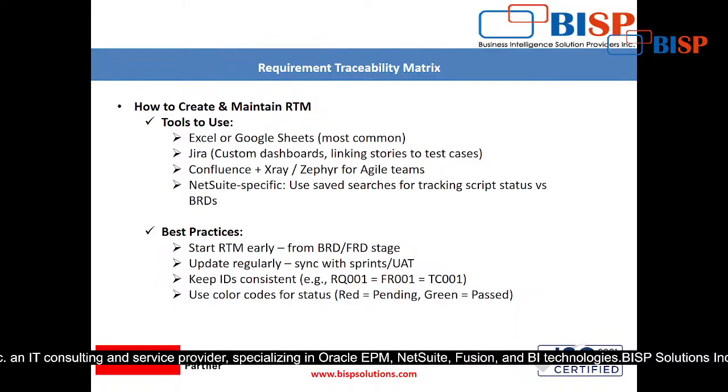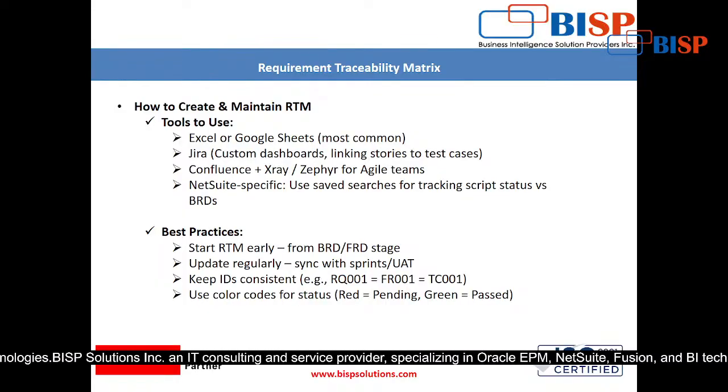Yes. So now what are the best practices? Best practices are that you should develop the documents parallelly, right? Side by side. Because once you have completed the BRD, once you have completed the FRD, at the same time you should start the RTM, requirement traceability matrix. Then update regularly, sync with sprints and the UAT.